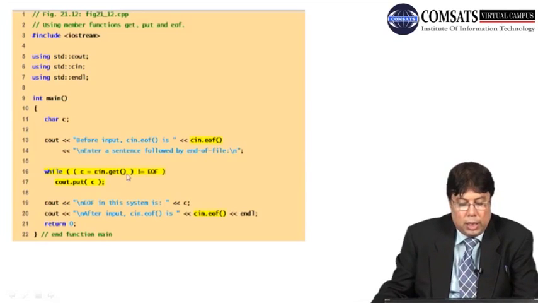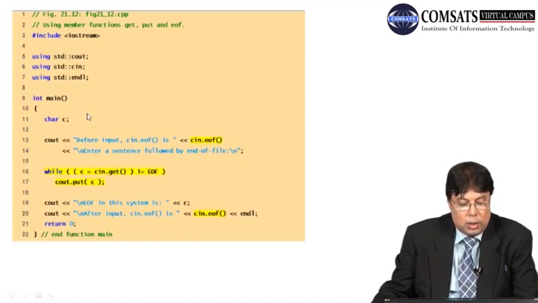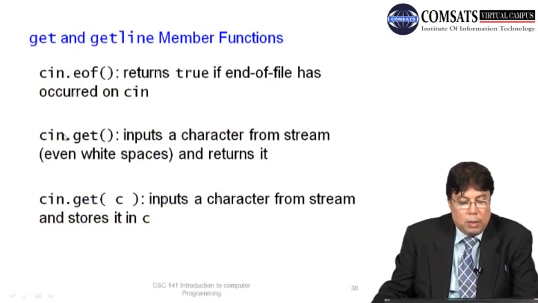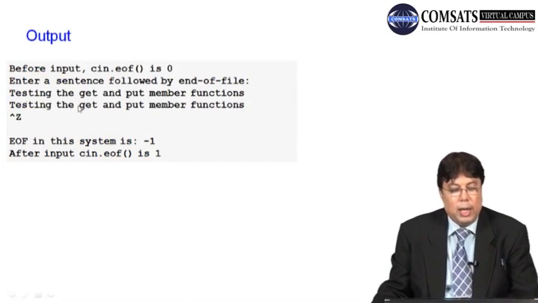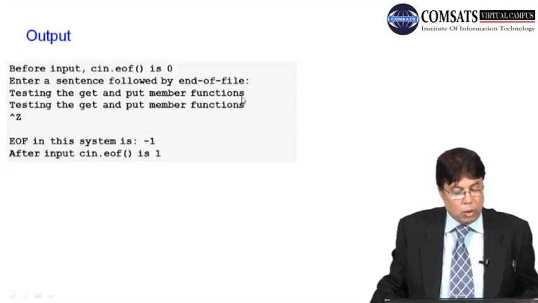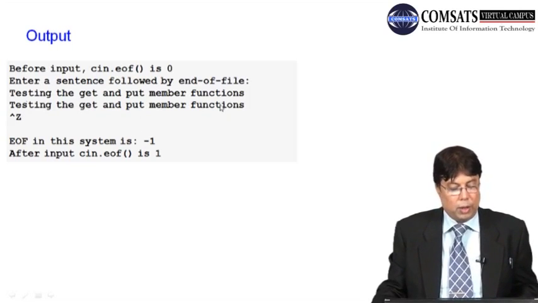You will read it with the help of this. It will read, testing the get input member function, and this is the echo function. This is cout.put. This is the input stream, keep on reading and automatically echo, and this is the output stream that we have defined in our function.